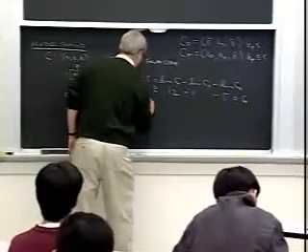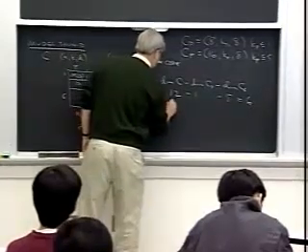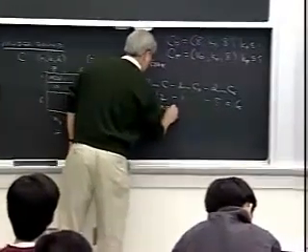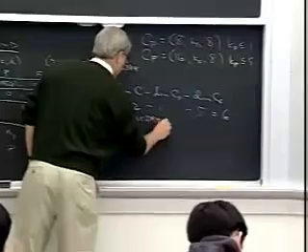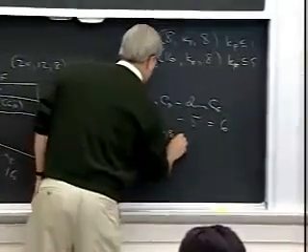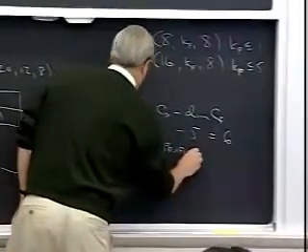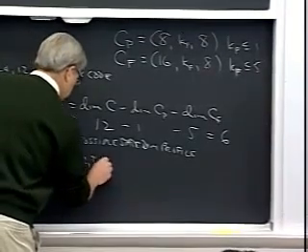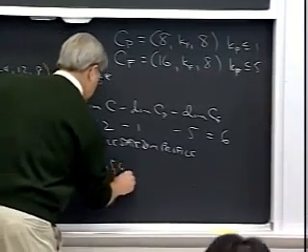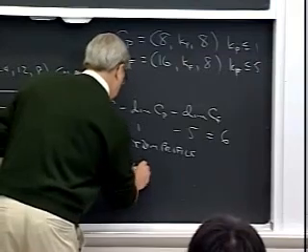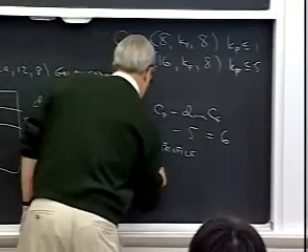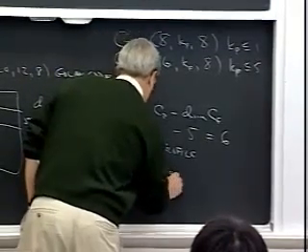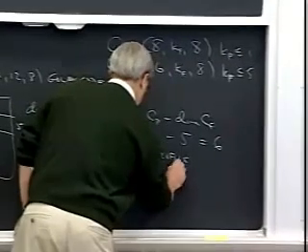Let me guess. The state dimension profile is 0, 1, 2, 3, 4, 5, 6, 7. Then it goes down to 6, 7, 8, 9. And it goes down to 8.